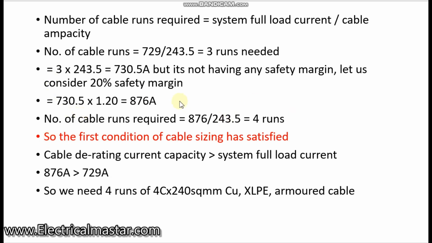And see, these three runs we found without any safety margin. Safety margin is very simple. We consider the cable along with the derating factor, that is okay. Suppose this cable we are going to use for another 10 or 20 years. So we need to consider one more additional factor, that is called the aging factor.